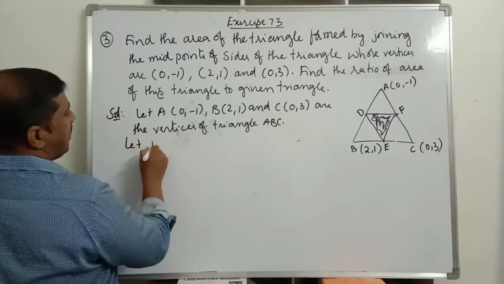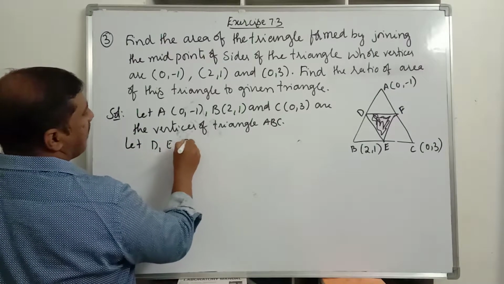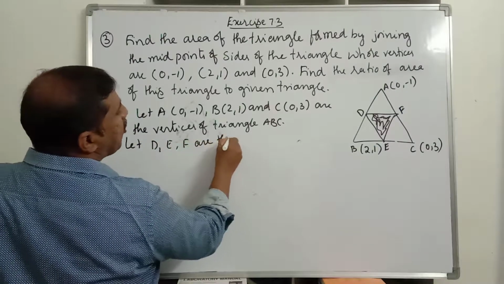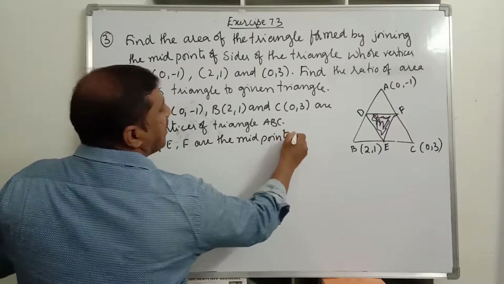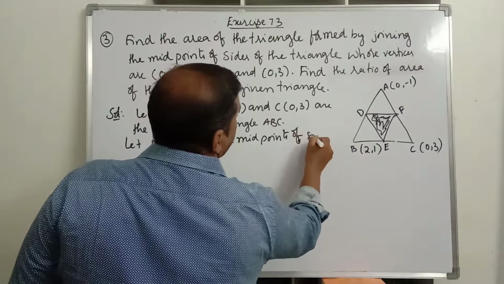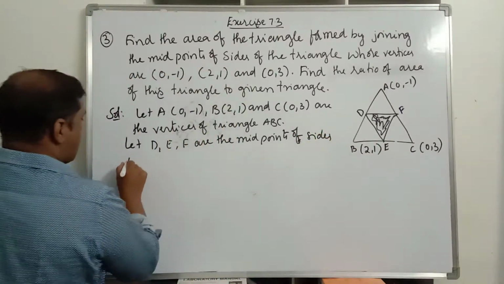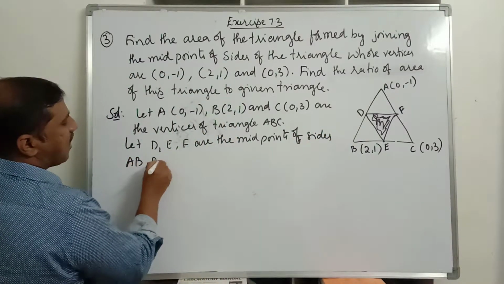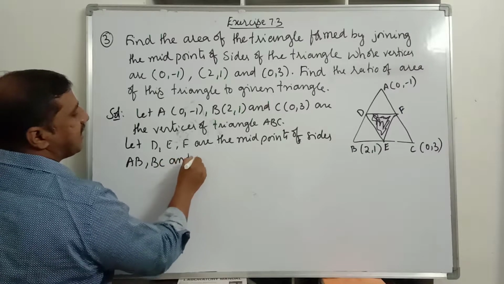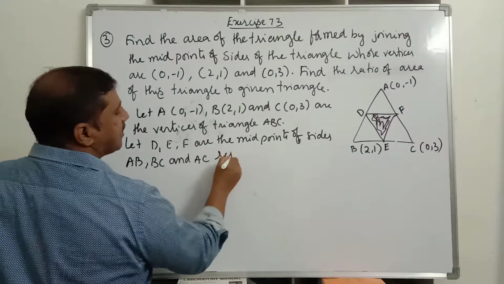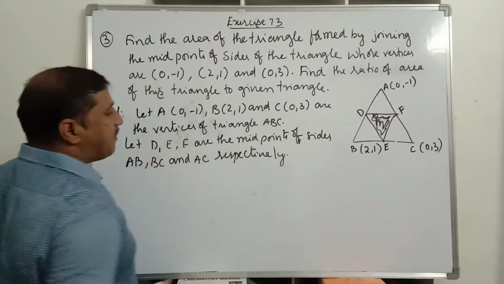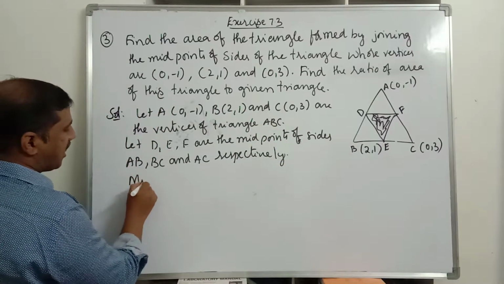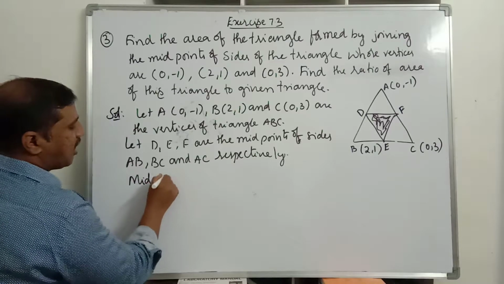Let D, E and F be the midpoints of sides AB, BC and CA respectively. Now use the midpoint formula. What is the midpoint formula? Here it is the midpoint formula.